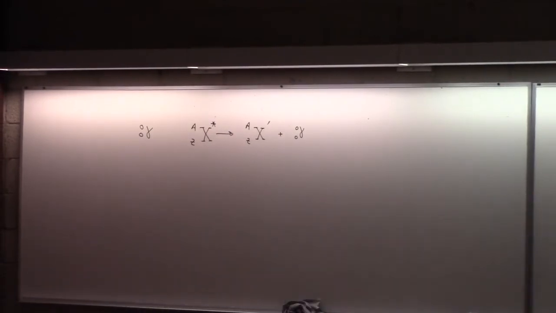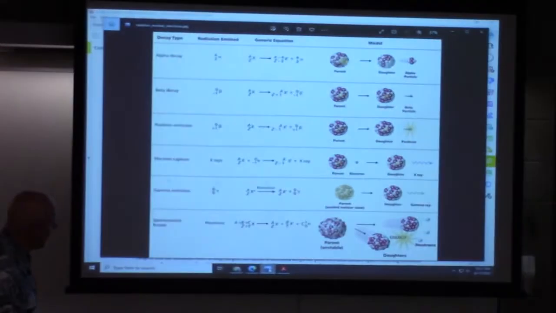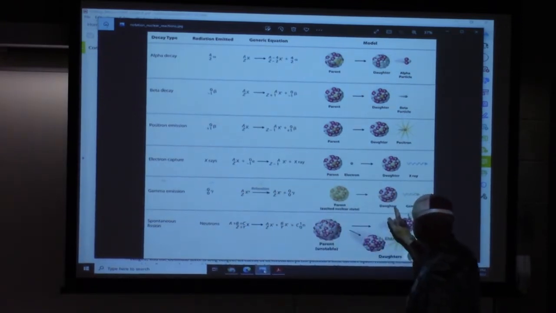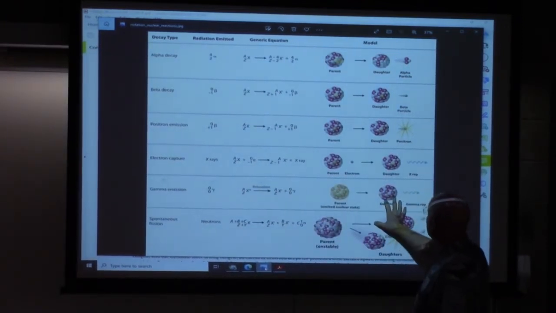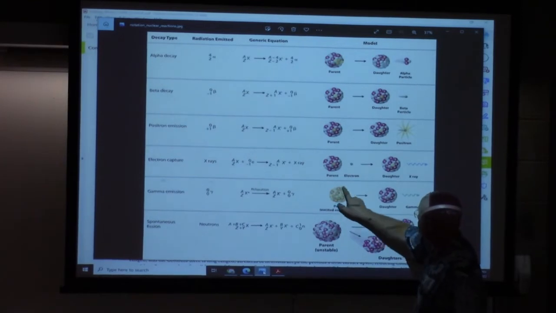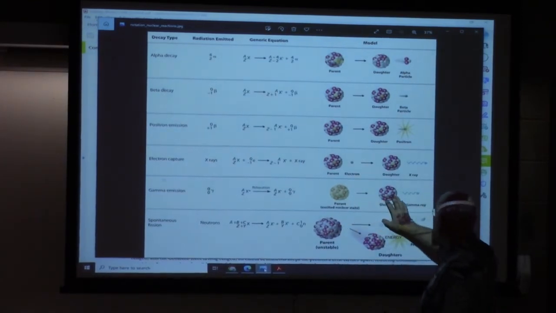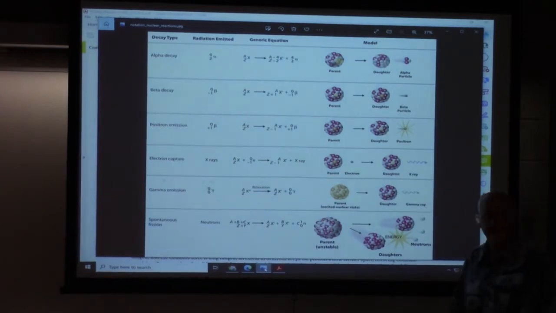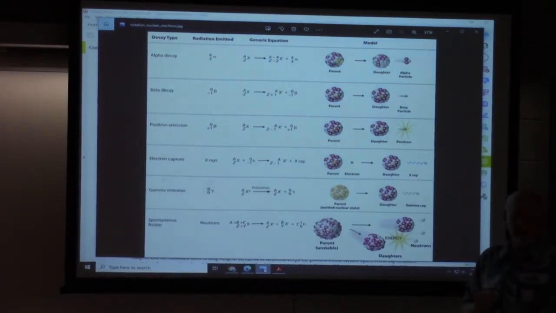And so this one, like I said, is also a fairly easy one to understand. And he does a good job in his picture because he just says, here's the parent, here's the daughter, and the only thing he's done is given it a bunch of energy. And so what's going to come out of here is an electromagnetic wave. And so that higher energy is really high.